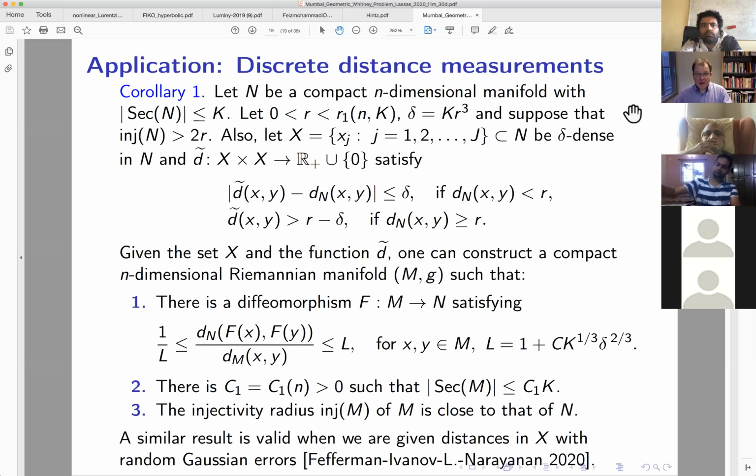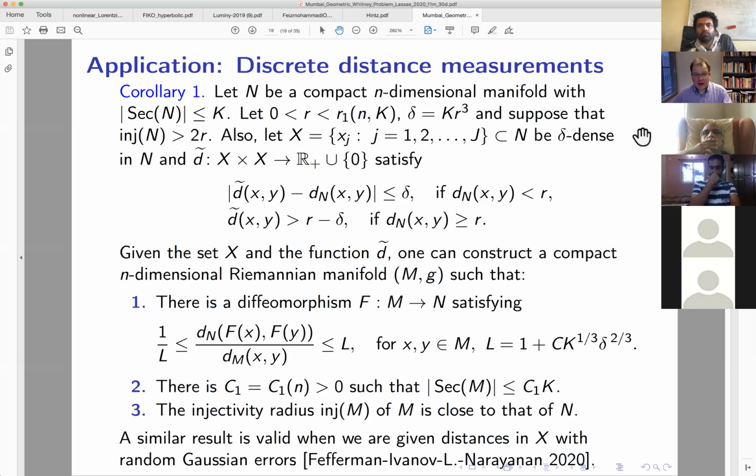So let's assume that we a priori have some compact n-dimensional manifold that has bounded sectional curvature. Then we choose a parameter r that is small enough, depending on n and the curvature bound k, and consider an error parameter delta that is the curvature bound times r to the power 3.